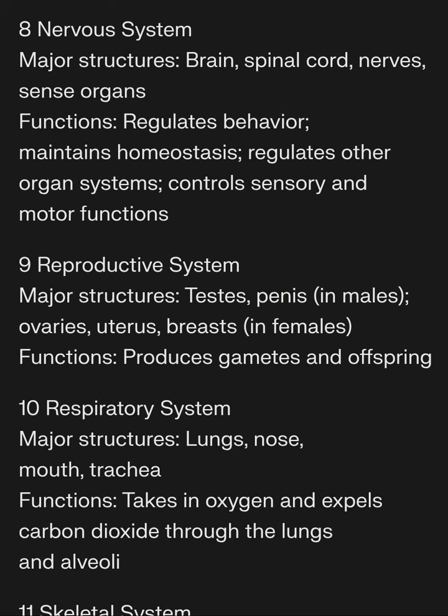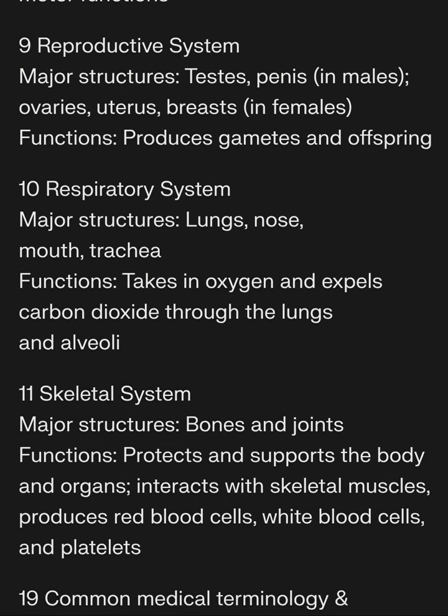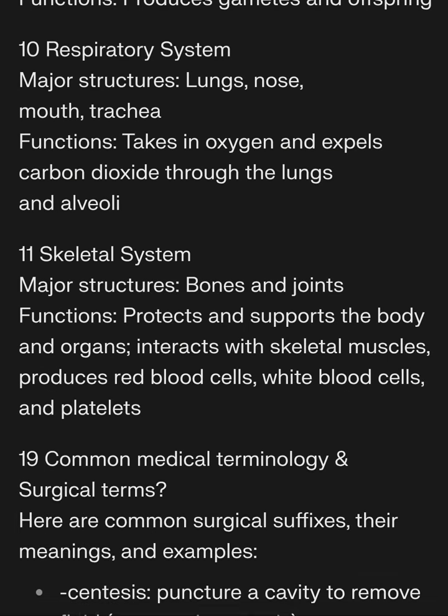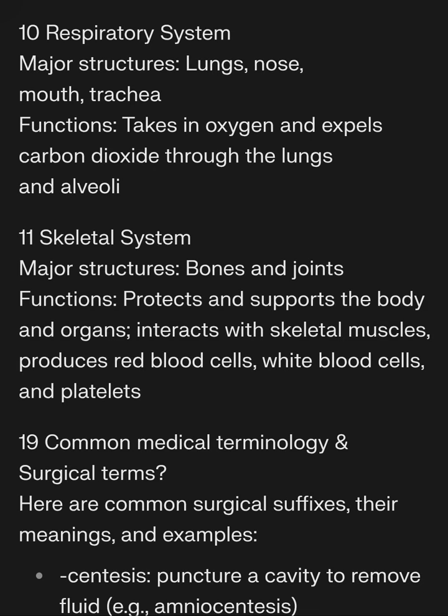9. Reproductive system. Major structures: testes, penis in males; ovaries, uterus, breasts in females. Functions: produces gametes and offspring. 10. Respiratory system. Major structures: lungs, nose, mouth, trachea.